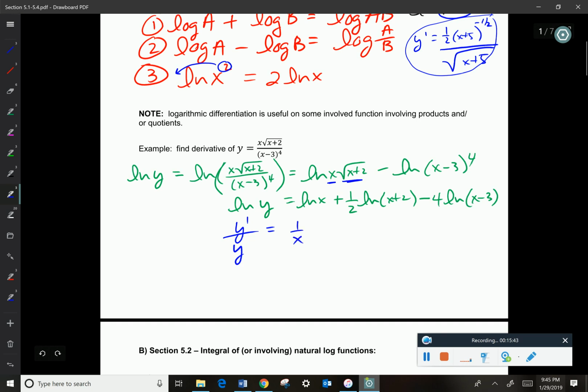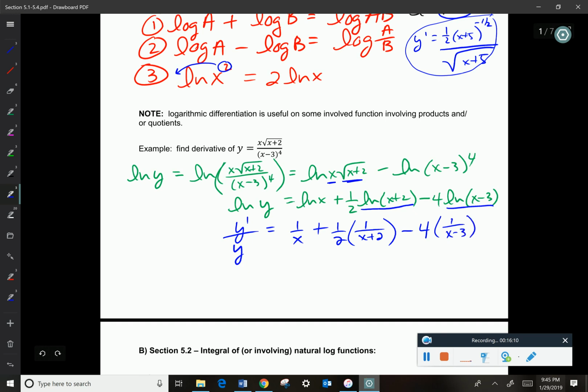Derivative of this next term, so 1/2, I can leave that alone. In order to do the derivative of this natural log, I'm going to do a u prime over u, so that's going to be 1 over x plus 2 minus, 4 is a constant, leave it alone. So in order to do the derivative of this log, I could do a u prime over u, so wouldn't that just be 1 over x minus 3?